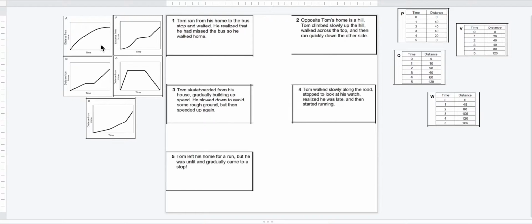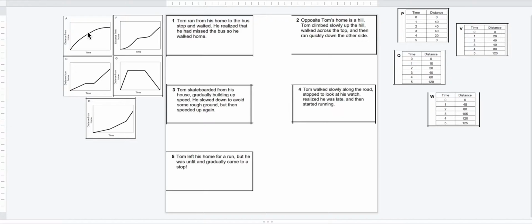All right, so let's look at Tom. Tom ran from his home to the bus stop and waited. He realized he had missed the bus, so he walked home. All right, so remember these distance times. We've got distance from home. So we know he went away from home, and we know that he waited, which means he stopped.